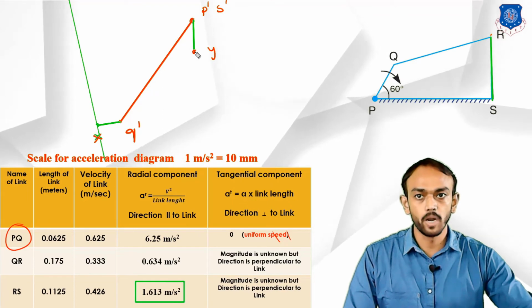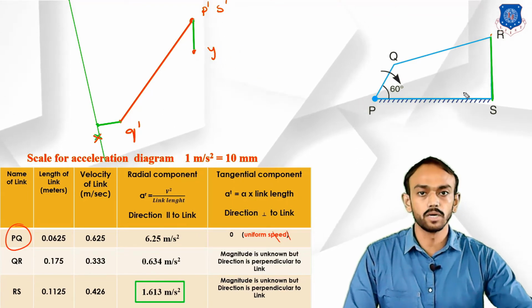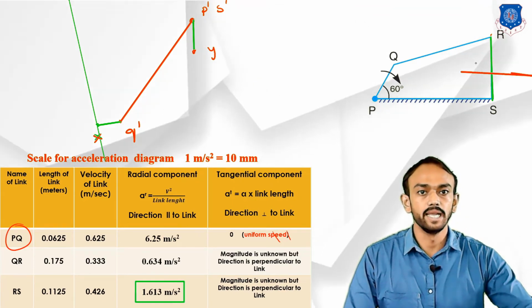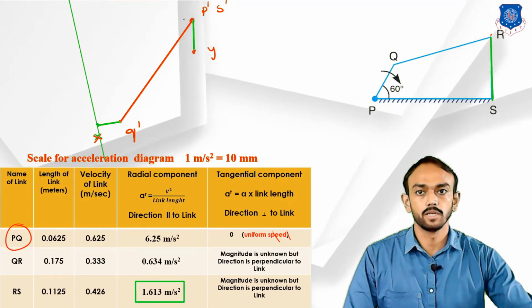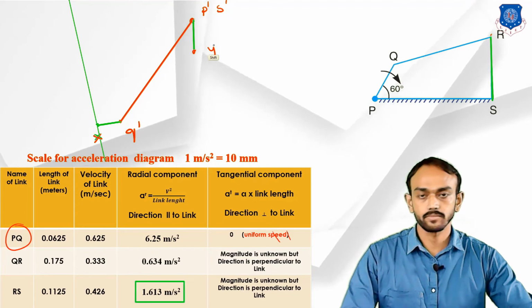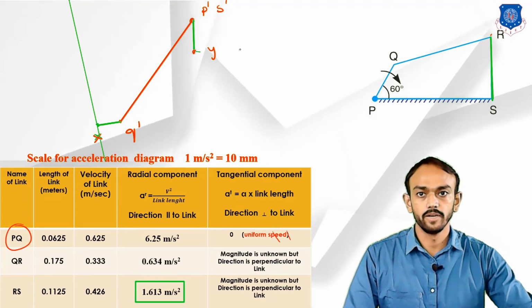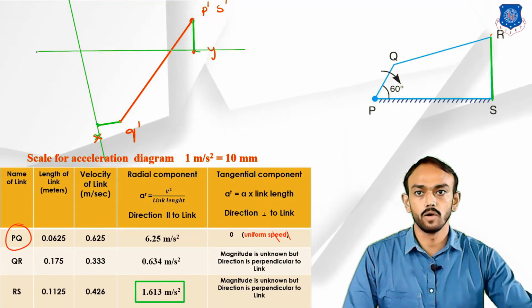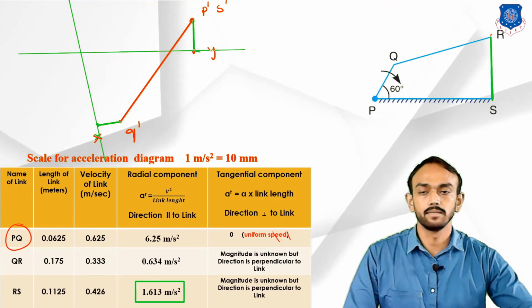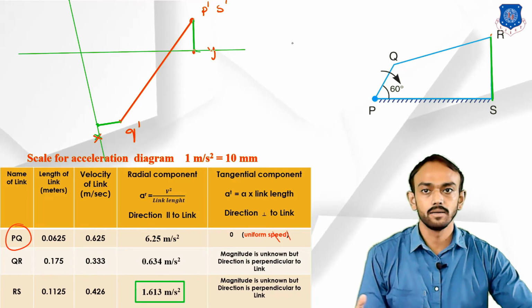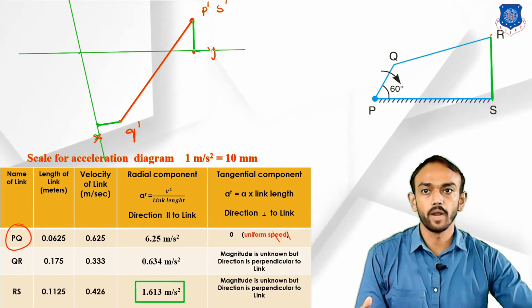Now from this point we will take the tangential component, which is always perpendicular to the link. Now draw the perpendicular to the link here, but we don't know the magnitude, we know only the direction, so I have taken an extra length.